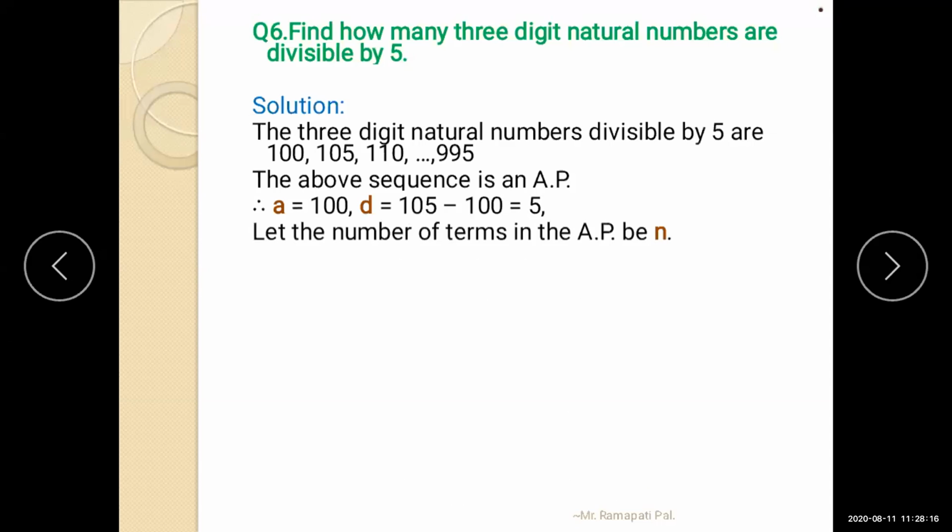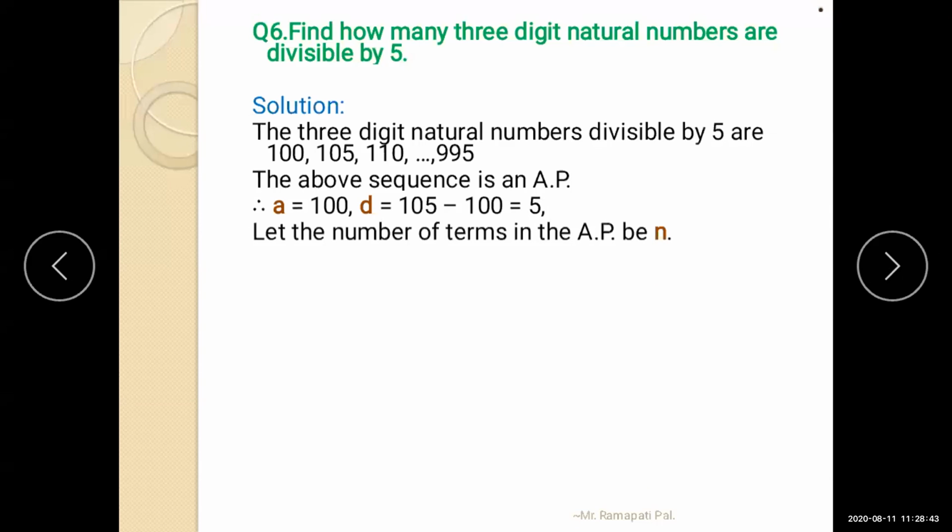Let the number of terms in the AP be n, because n is not given. Whenever n is not given in this type of question, we have to use Tn to find out n. Note down this point, very important.